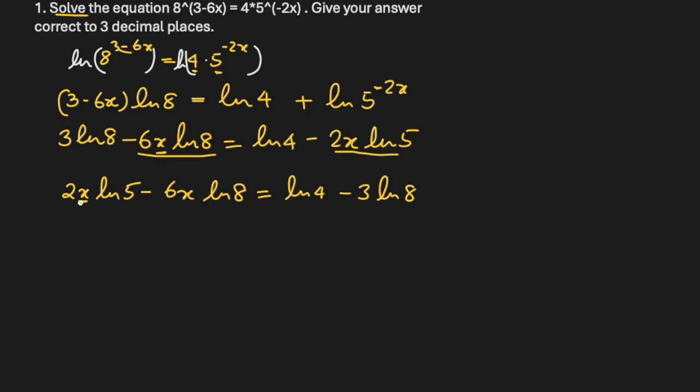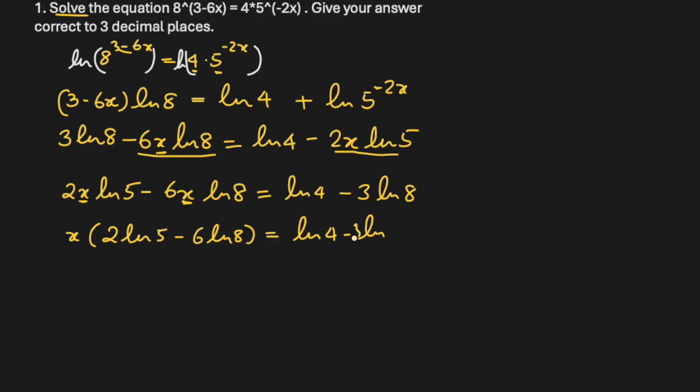So now this is x, which we will take as common, and we will be left with 2 natural log 5 minus 6 natural log of 8, and then we have ln 4 minus ln 512.